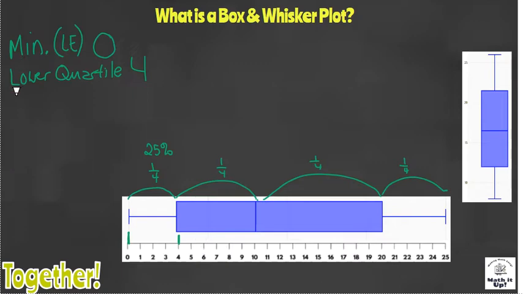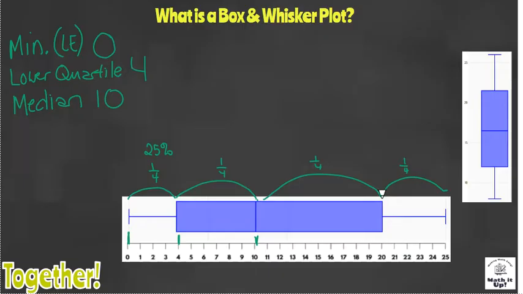And then the next thing we have is the median, and we remember how to get the median. That is the middle number when our data is in order. And in this case, our median is sitting right at 10. So we know that was the middle number in our data. Or if it wasn't the middle number, we arrived at a middle number by averaging the 2 middle numbers.